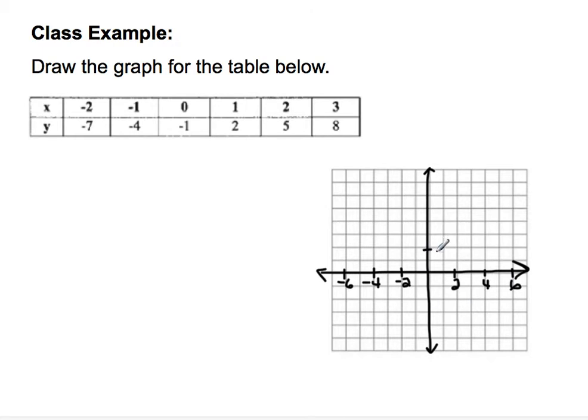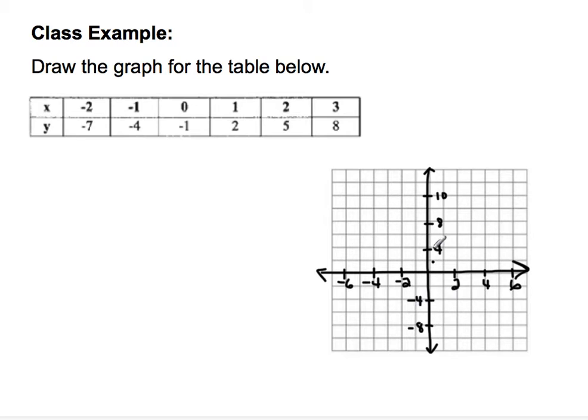And I'm going to label these by 2s because I don't think I'd have enough room if I labeled it by 1s. So this would be 2, 4, 6, 8. I'm not going to put a number on each of these because then it gets a little messy. So -4, -8. Okay, so that should give me all of my data.